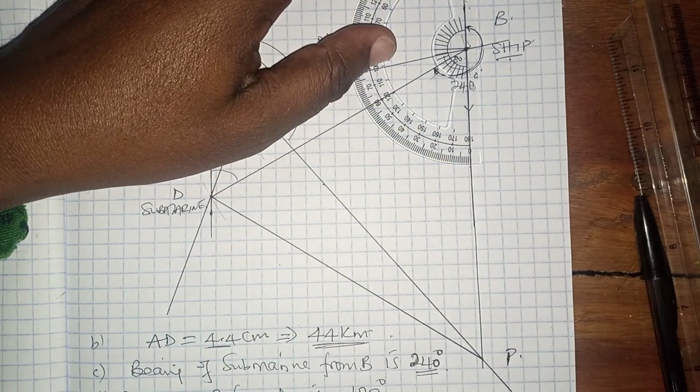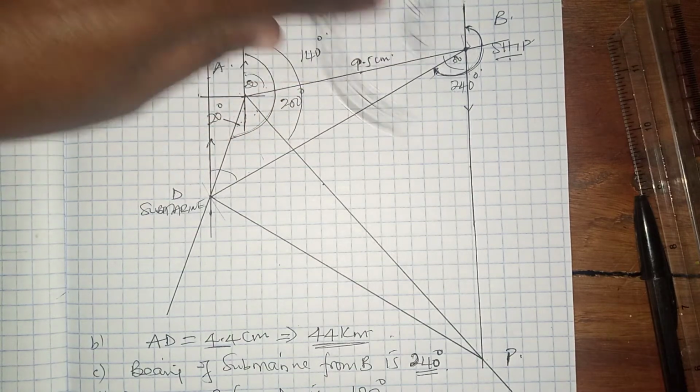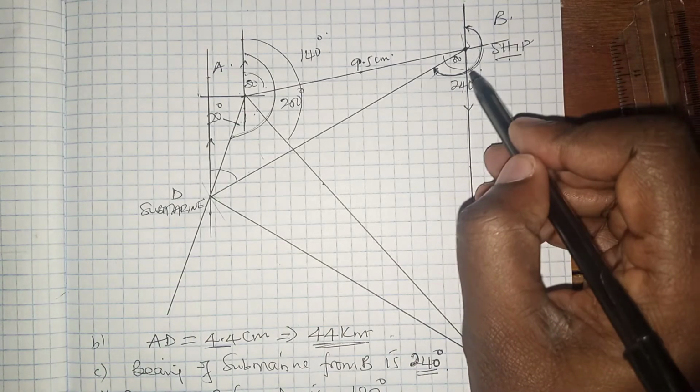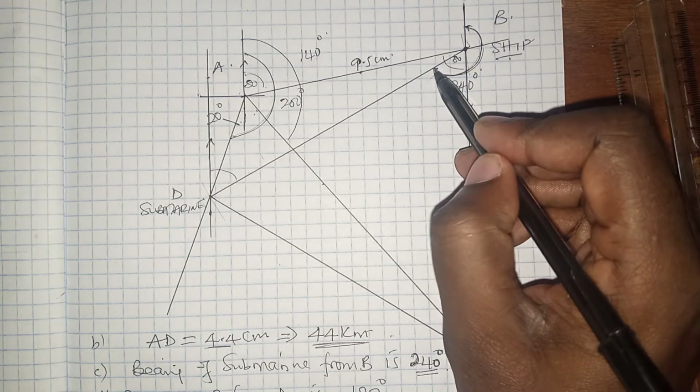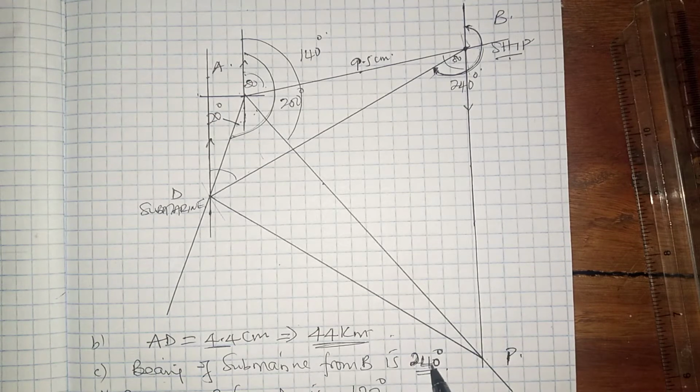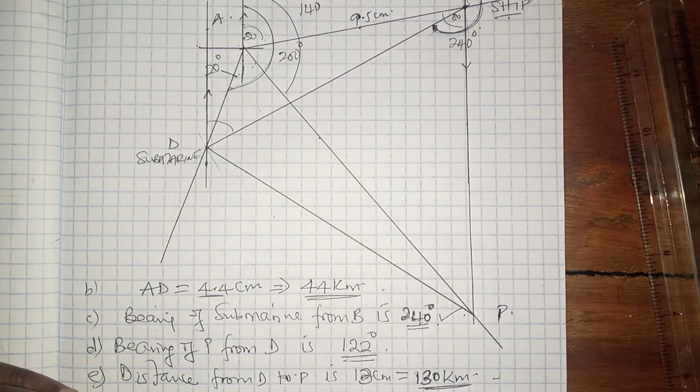It is 60 degrees. So therefore, the bearing of D from B is 180 plus 60, which is 240 degrees. There we go, and we have finished this part.